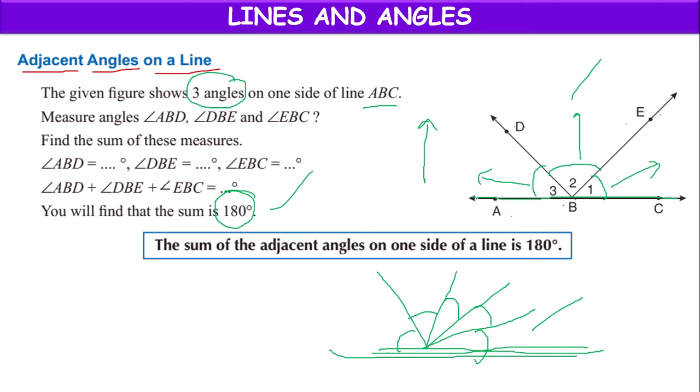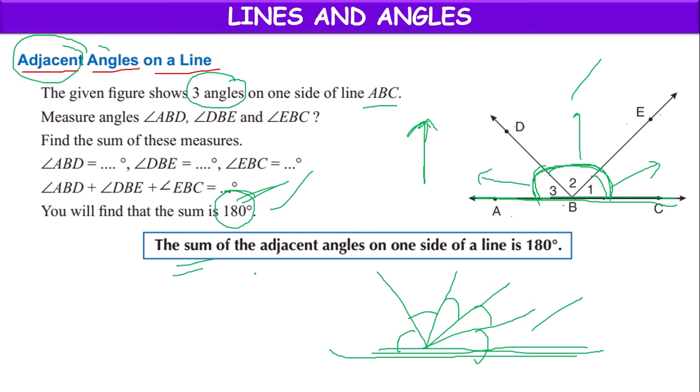Means on one side of a straight line, if you take any number of angles such that all the angles are located on one side of the straight line, then their sum will always be equal to 180 degrees. Actually, these angles are considered as adjacent angles.